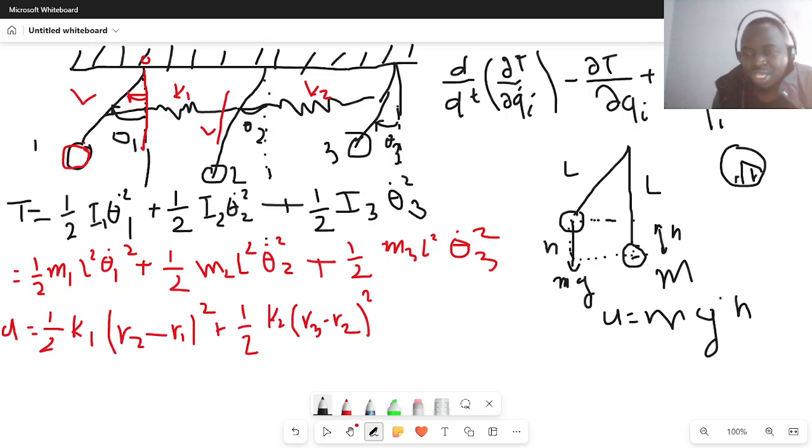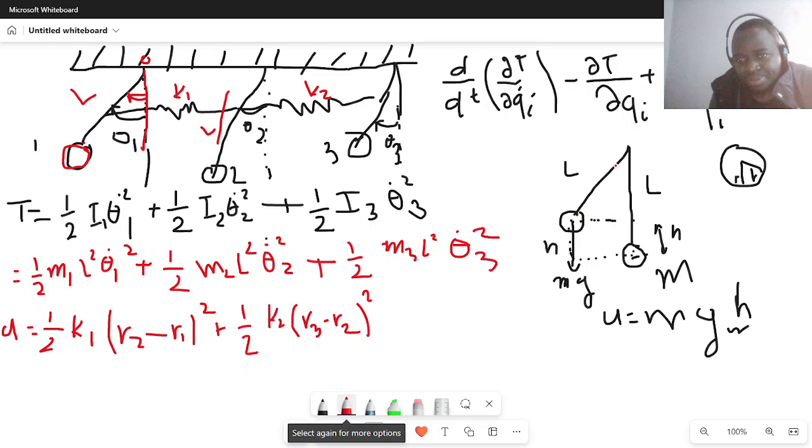But as we remember in Physics 1, what we usually do is express h in terms of L. How do we do it? I'm going to use a different color. This is an angle theta.